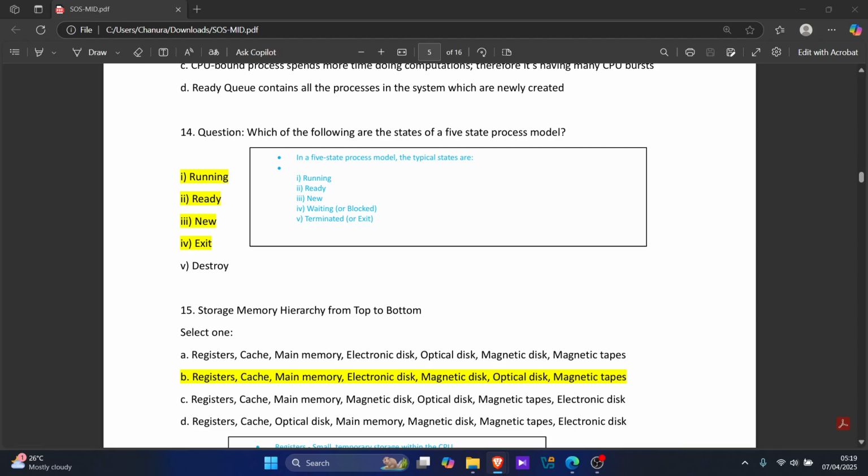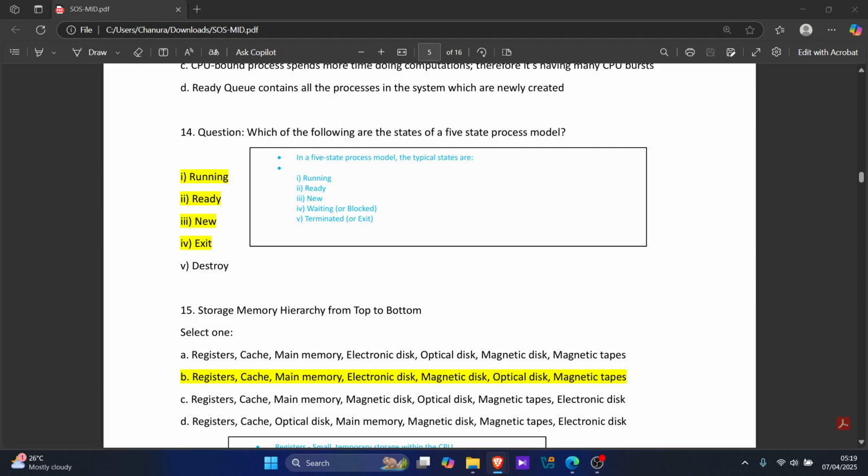Hence, the correct states from the options given are 1, running, 2, ready, 3, new, 4, exit. But that's only 4. Wait, maybe the user included both exit and destroy as states, but in reality, they are the same. So the answer would be the 4 plus destroy, but that's not right.